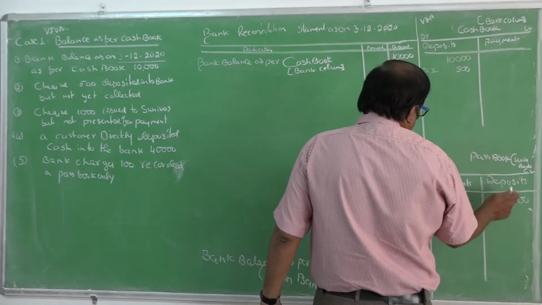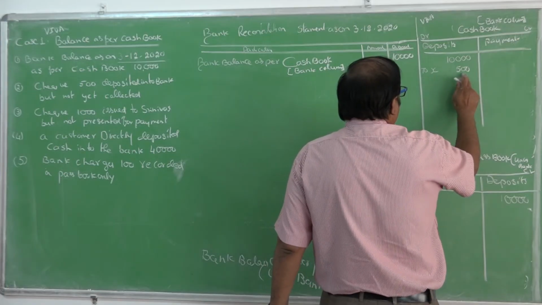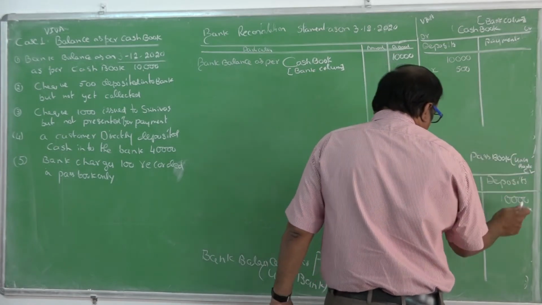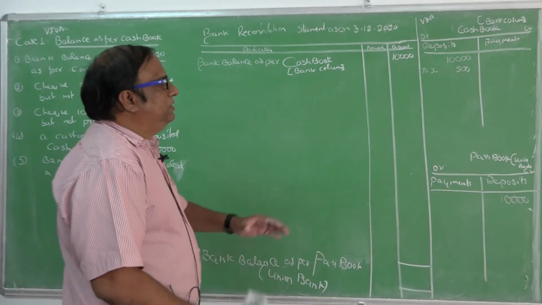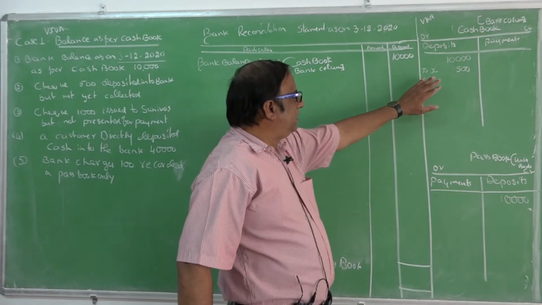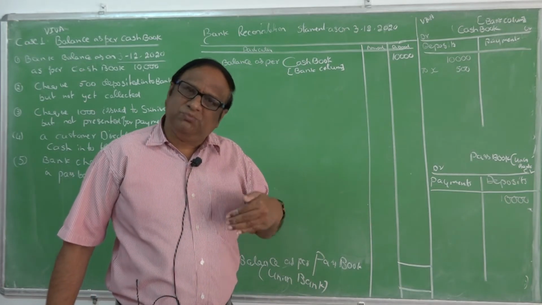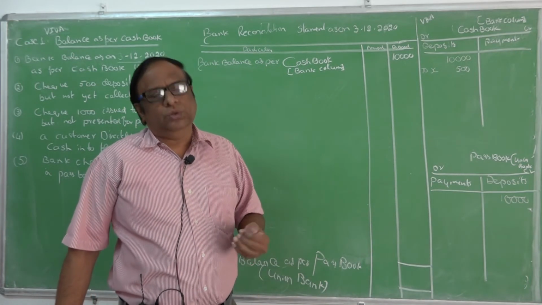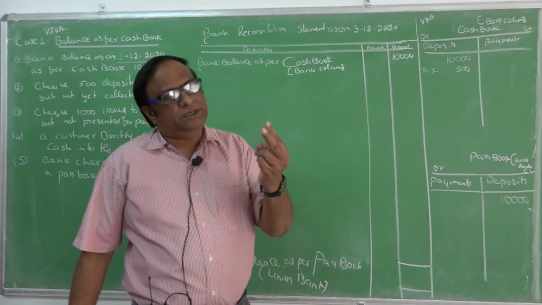Then we have to compare. In such a case, the cash book shows 500 more, but the passbook shows 10,000. Why is there a difference? Because the Viva school accountant correctly recorded it and the check was deposited into the bank also. Deposited today, it will take at least 2 or 3 days.